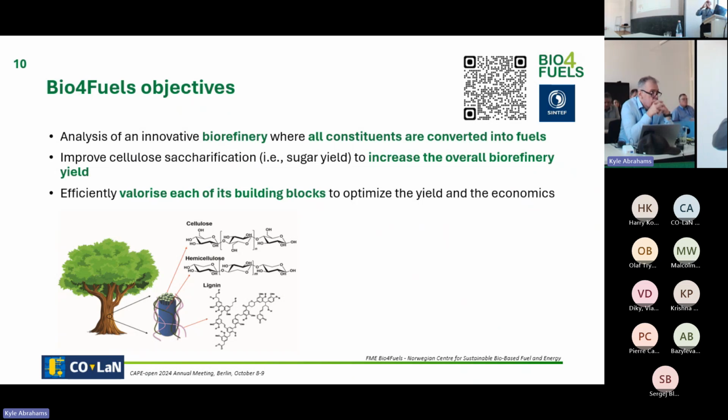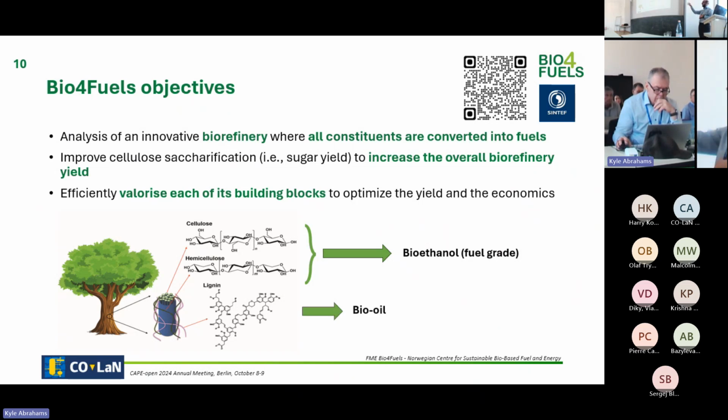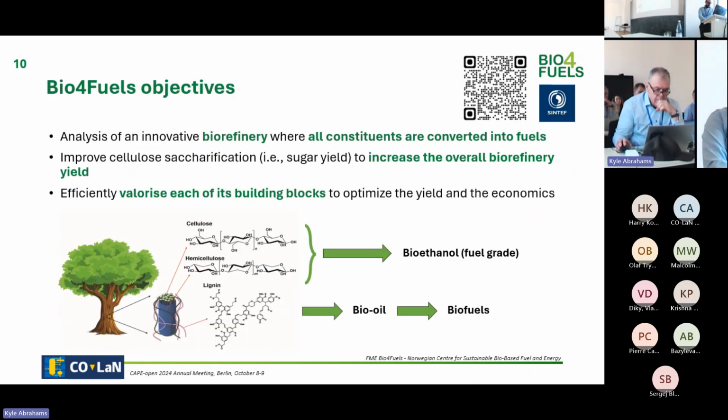So I need to be efficient and effective in cutting the biomass into these components. Cellulose and hemicellulose are converted through a fermentation process to get bioethanol, and then the bioethanol is purified until fuel grade. On the other hand, the lignin is a waste, but we recover it through pyrolysis as a bio crude oil, and then finally biofuels.